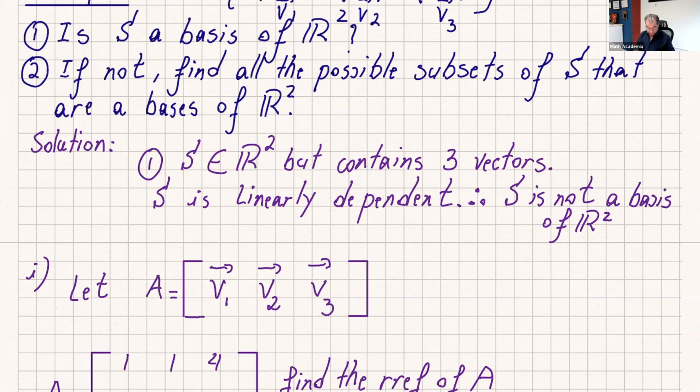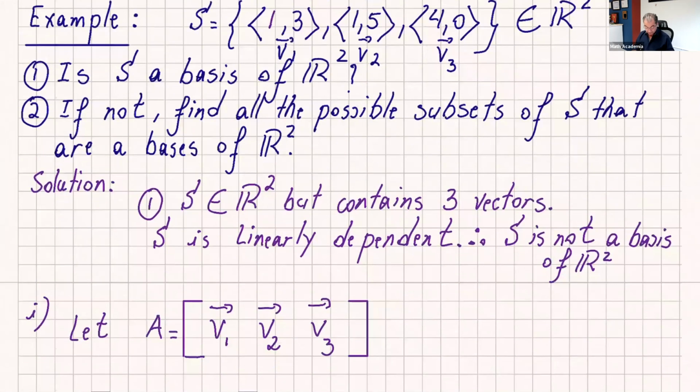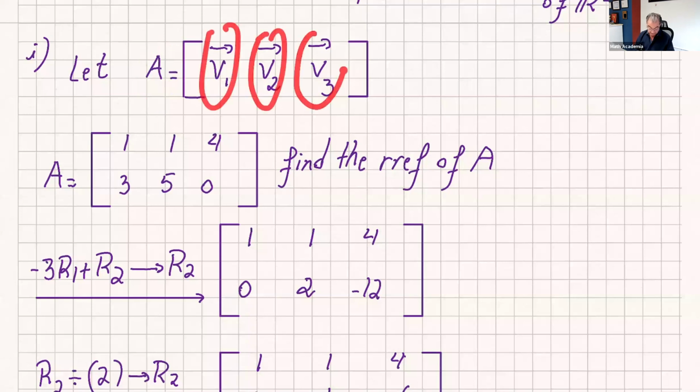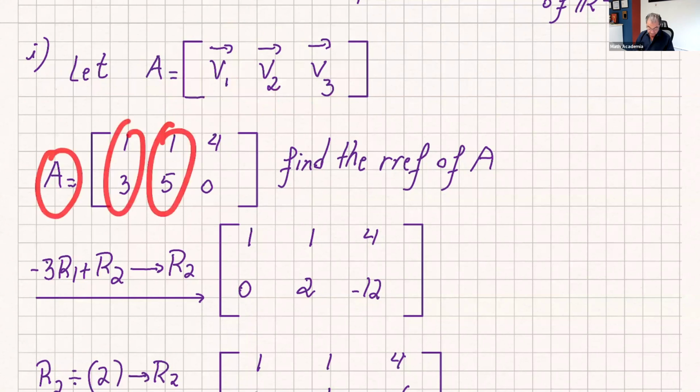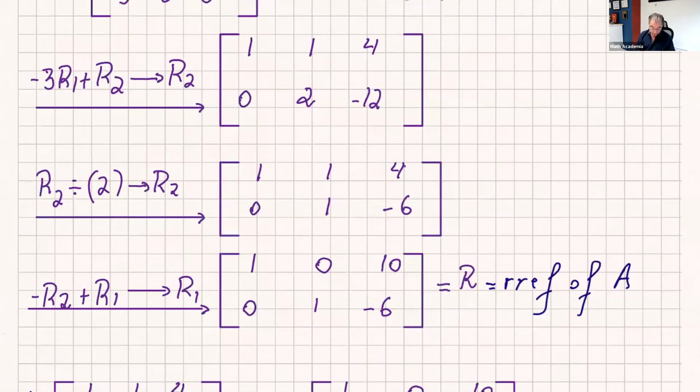Now, if you want to find subsets of S that are going to be bases of R2, what you can do is write the matrix with the columns of that matrix being your vectors. And I did that. A is (1, 3), (1, 5), (4, 0). Then find the RREF of A. To do that, you can do the row operations.